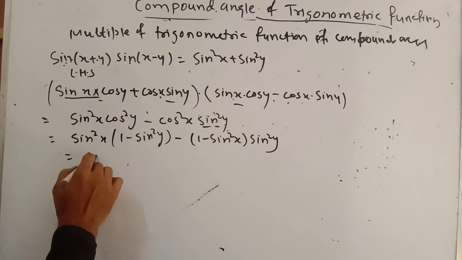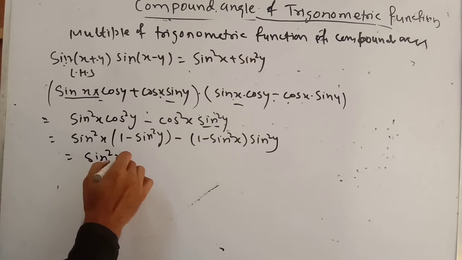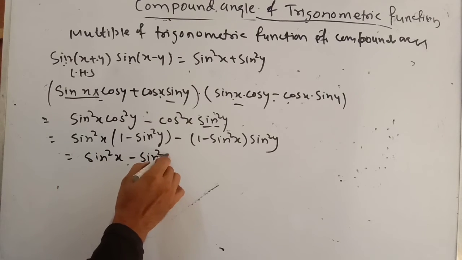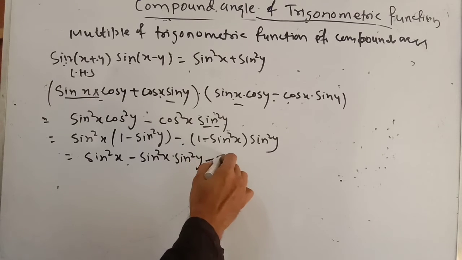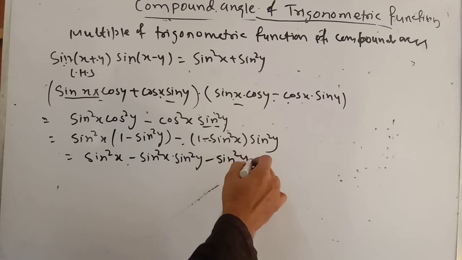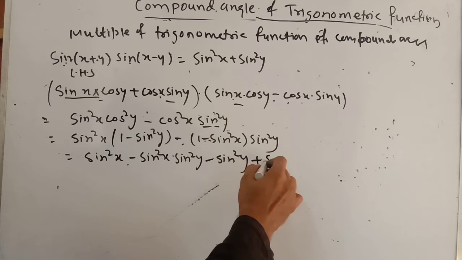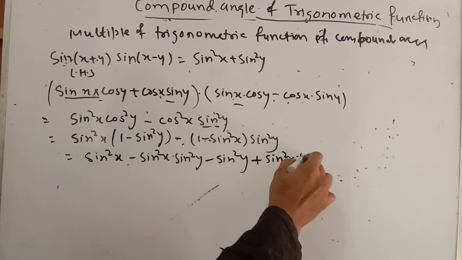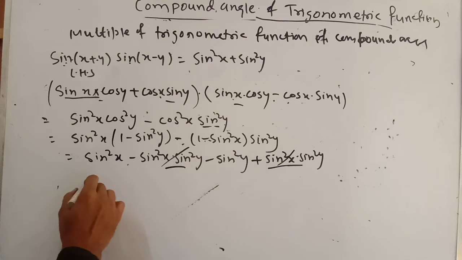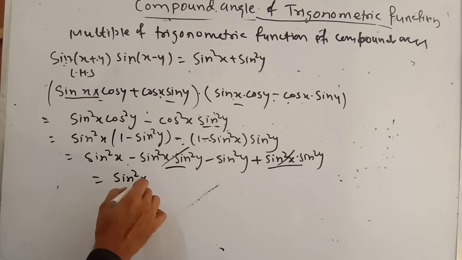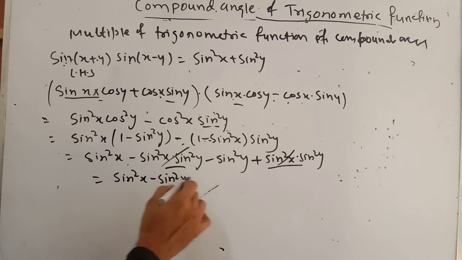After that, when you multiply, sin²x minus sin²x sin²y, minus sin²y plus sin²x sin²y. You can see these terms are the same, so they cancel each other. It will become sin²x minus sin²y. So proved.